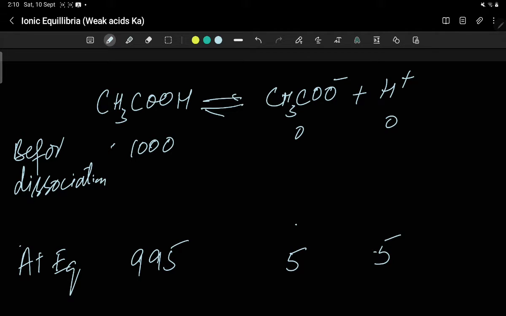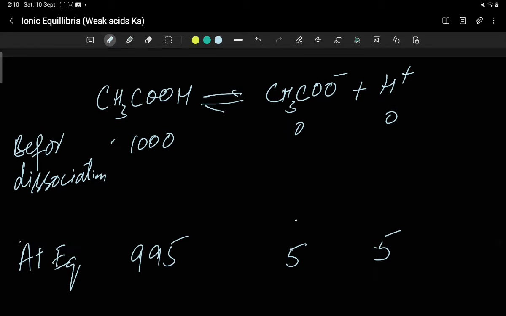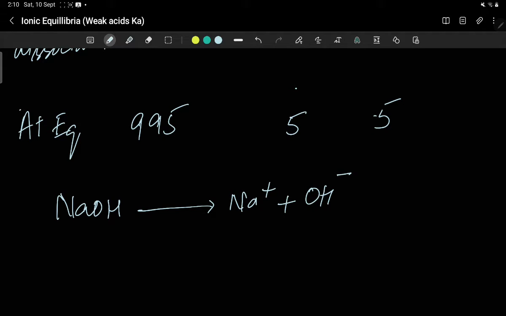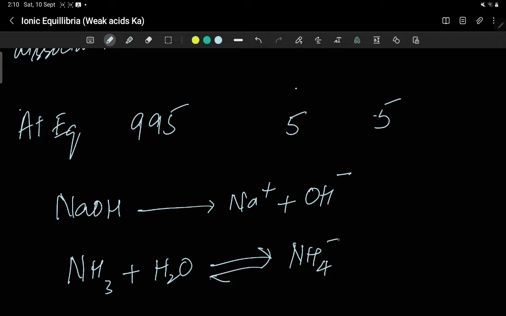Similarly, strong bases are completely dissociated into ions in aqueous solution, while weak bases are only partially ionized. For example, sodium hydroxide completely dissociates into sodium ion and OH ion, while a weak base, ammonia, when dissolved in water is partially ionized to form NH4 positive and OH ion.